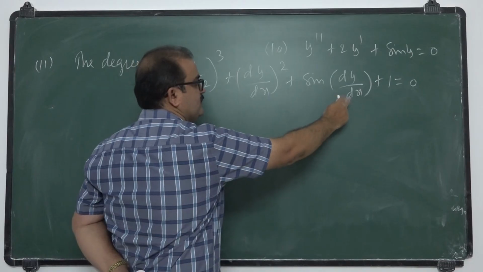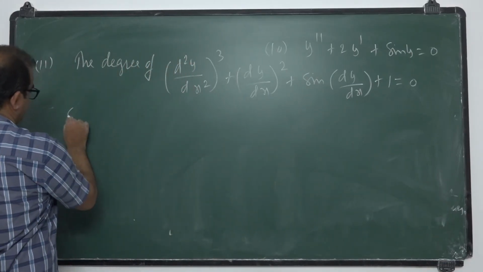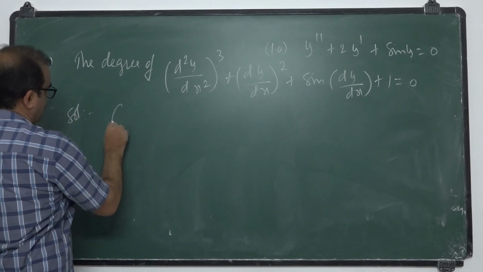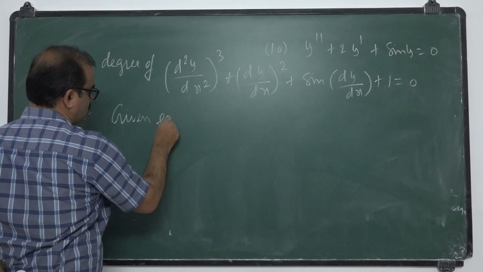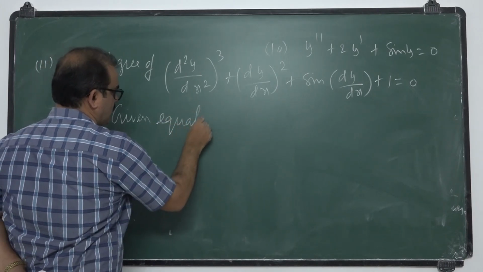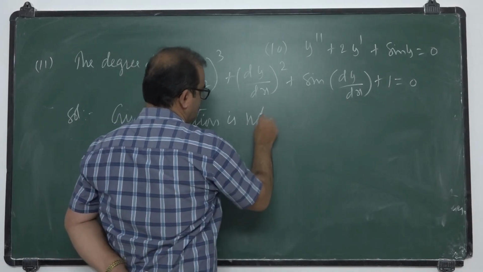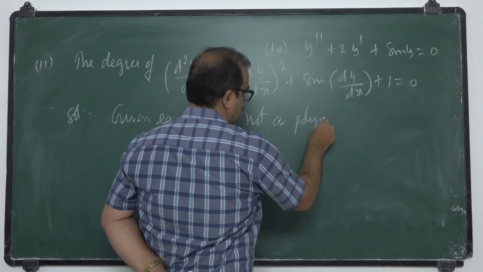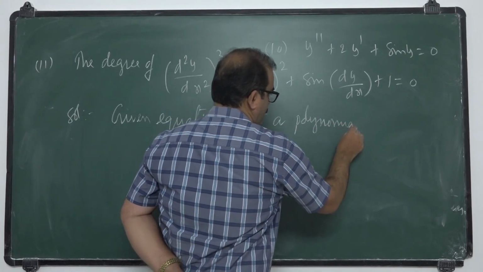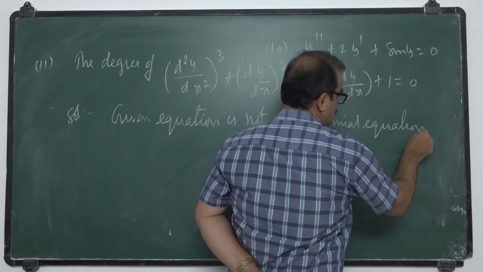Here the derivatives are in terms of sine. So the given equation is not a polynomial equation in derivatives.